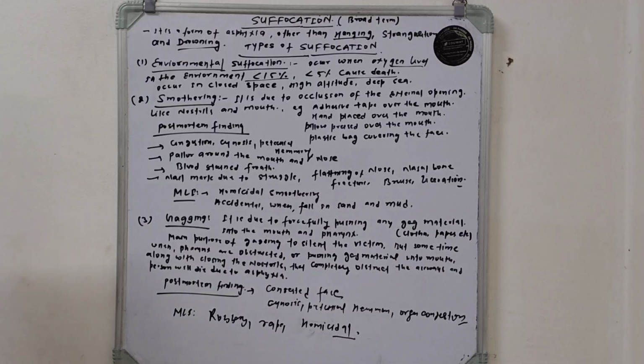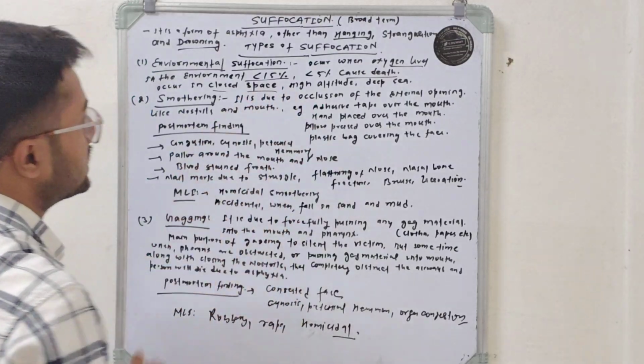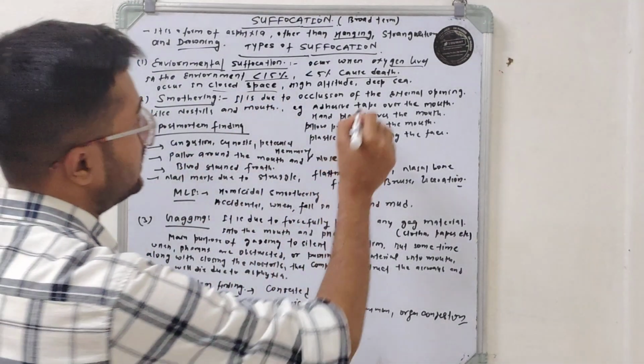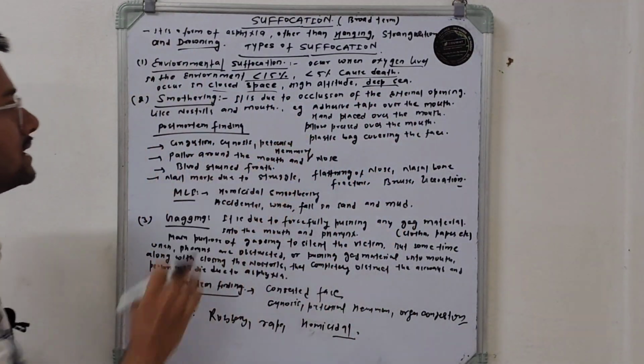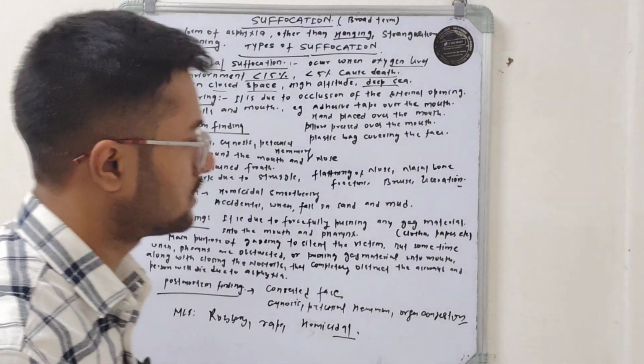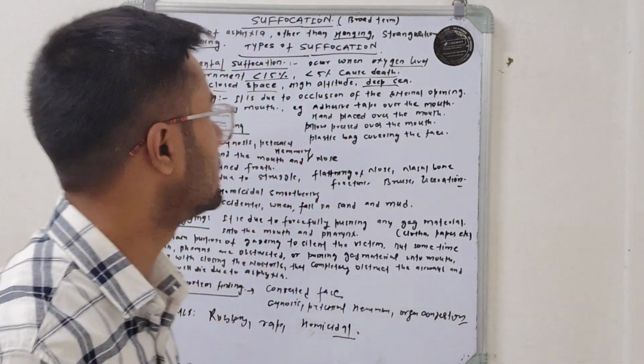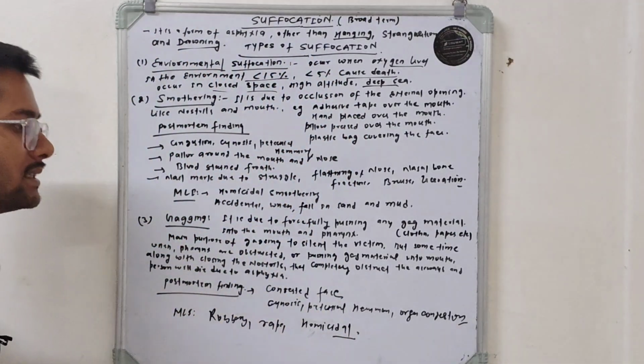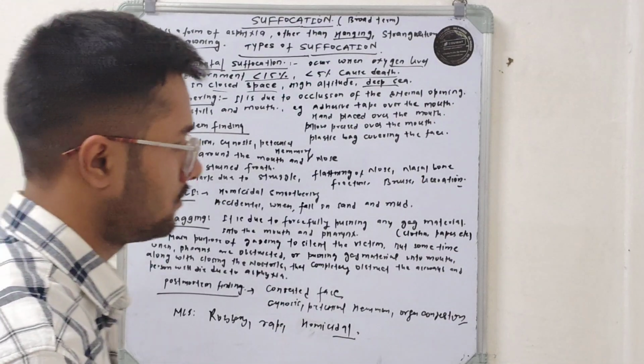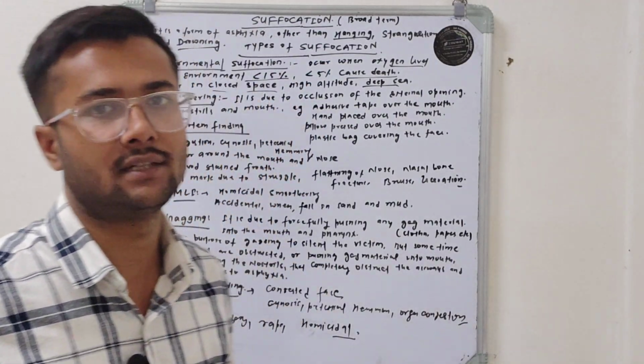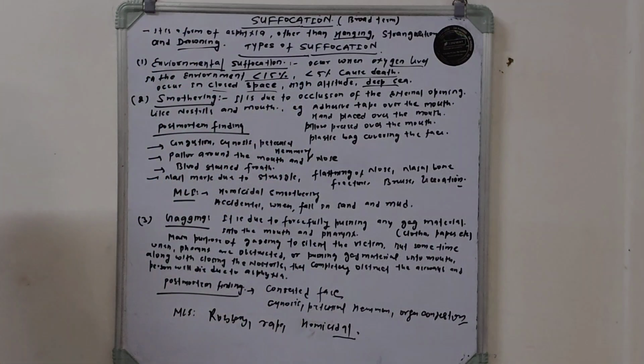What are the conditions in which environmental suffocation will occur? It will occur in closed space, high altitude, and deep sea, because in all these three conditions the oxygen level will be less than 21%.